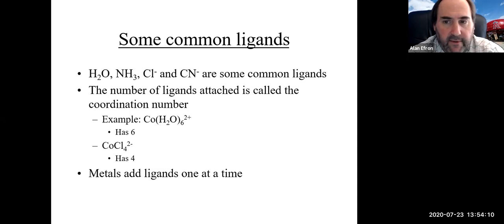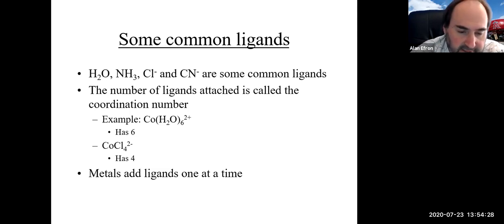The other important thing to remember, as I think we mentioned, but just to reiterate, is that these ligands do attach to the metal one at a time. That's important for what we're going to talk about in this chapter in terms of KF and the equilibrium of it.